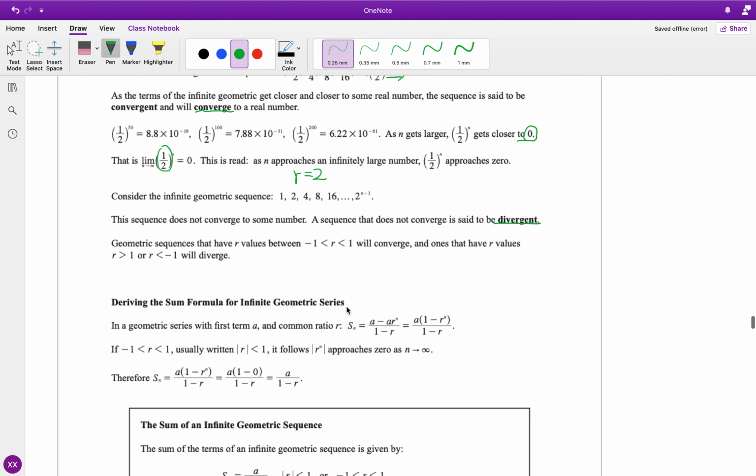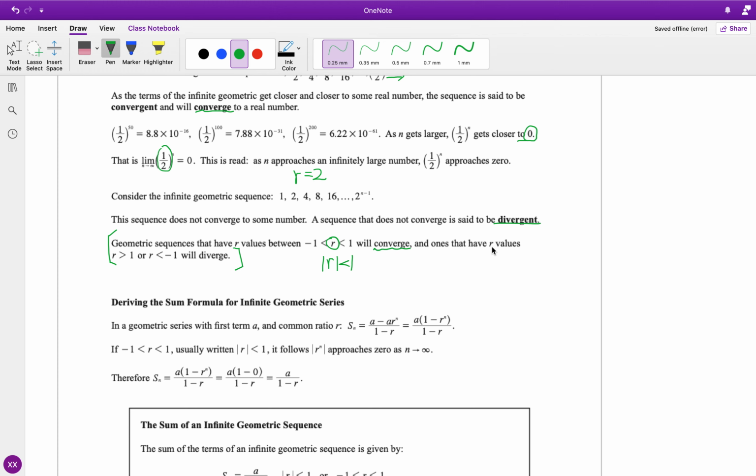And so in general, now pay attention to this one sentence here. If the common ratio is smaller than 1 and larger than -1, there's another way to write it: the absolute value of R is smaller than 1, then the sequence will converge.